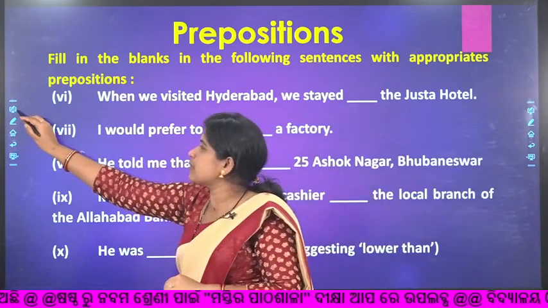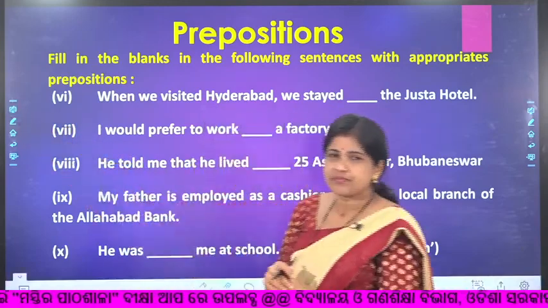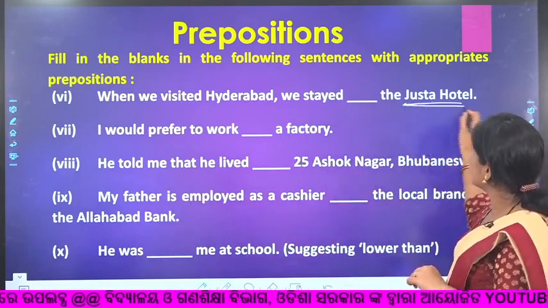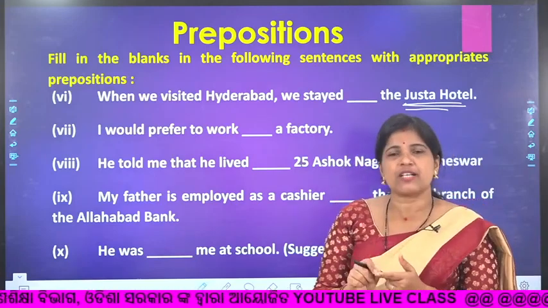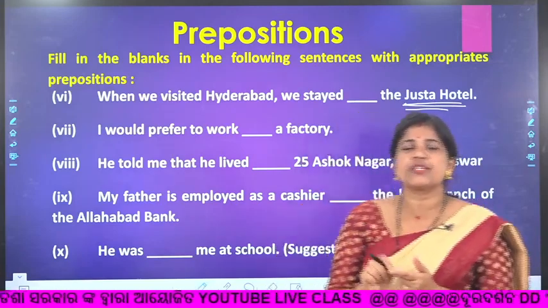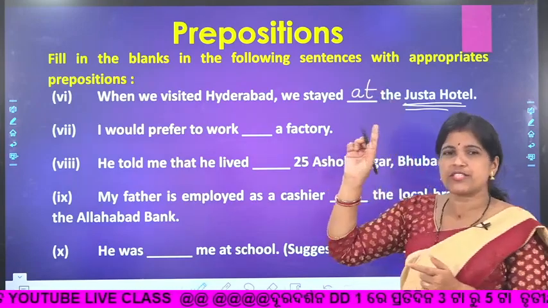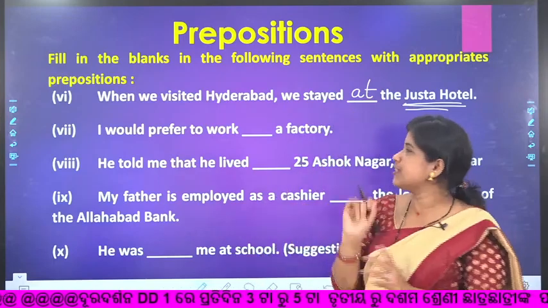So, it talks about a particular place, particular address or particular hotel. So, which preposition is appropriate here? If the place is very specific, a very particular address is given, then which one do you have to use? Here the preposition is at, no doubt. If the address is given clearly, then use at.